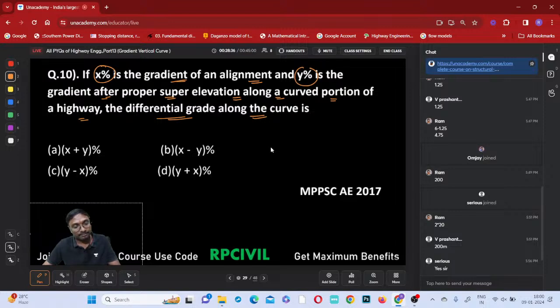Y is the gradient after proper super elevation along a curved portion of a highway. Then the differential gradient along the curve is what? What is the meaning of this differential gradient along the curve?